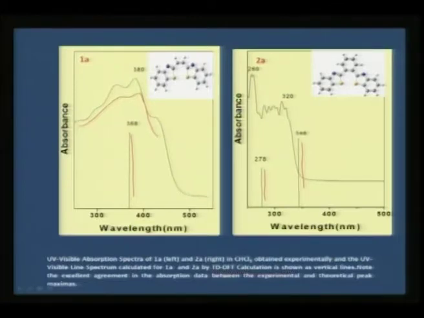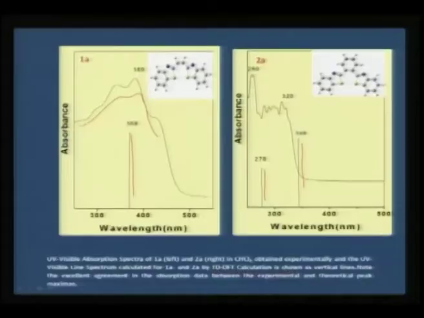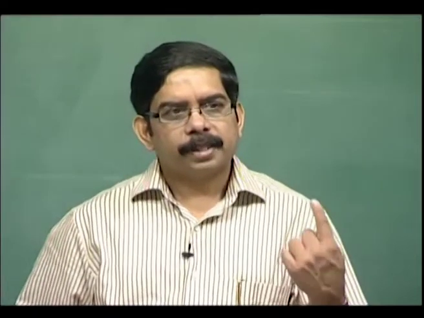Why do we not see all these featured emissions? Because when we are calculating the UV visible spectra, you are actually considering only one molecule, whereas in the experiments you actually consider hundreds of molecules together. So when you have hundreds of molecules in solid state, packed together, then you would see a featured emission, whereas when you do a calculation for a single molecule, you see the most predominant emission.